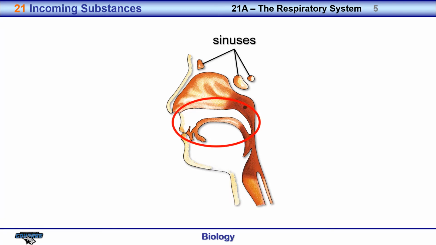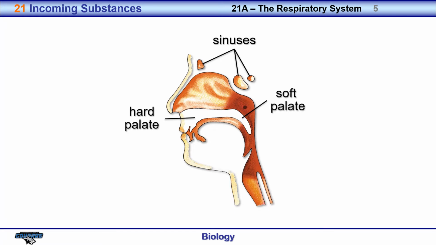Then you also have where the hard palate is located, and it is made up of the bony portion up in the front that extends forward, and your teeth are attached to that. And then you have the soft palate that is in the back. And then that little piece that hangs down in the back is called your uvula.